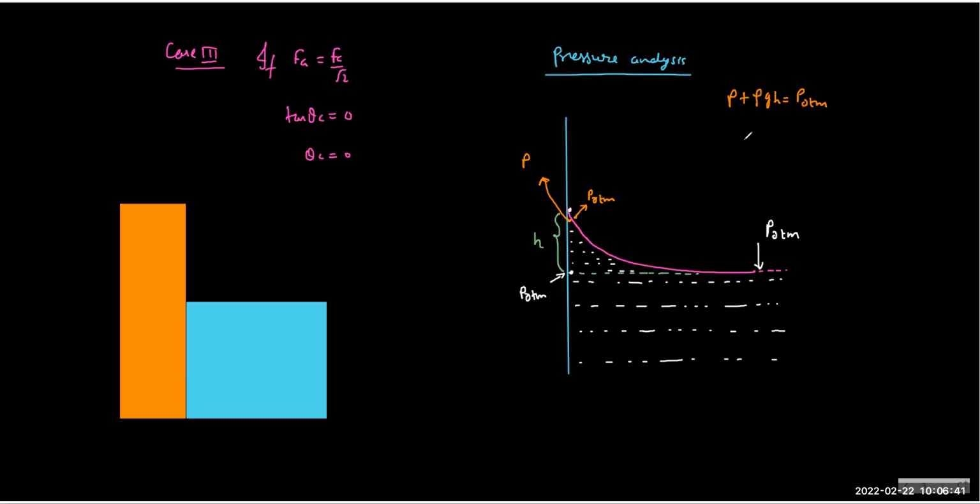So what we can see clearly is that this P is PATM minus rho GH. The PATM is generally 76 centimeter of Hg, and the H is really very small if you see actually.